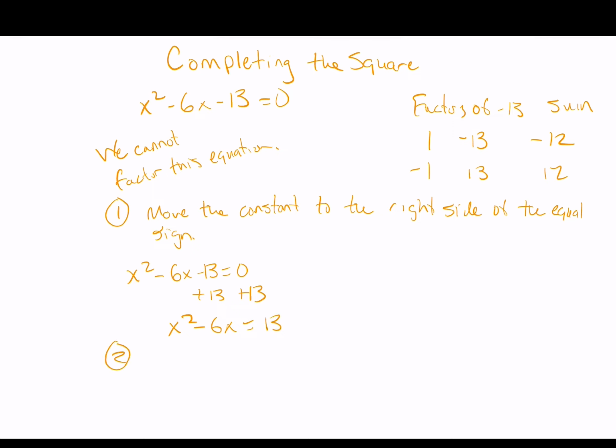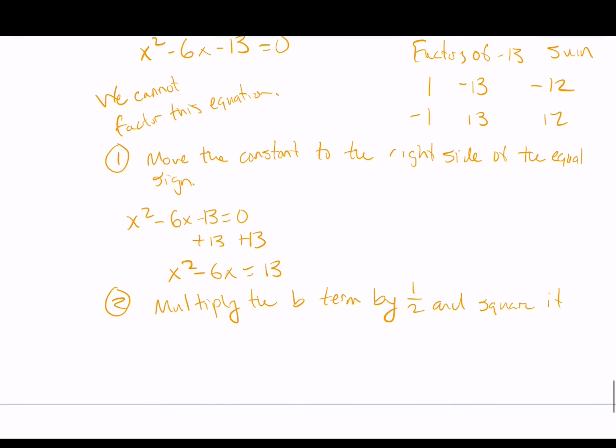Our second step is to multiply the b term by 1/2 and then to square it. So what does that mean?